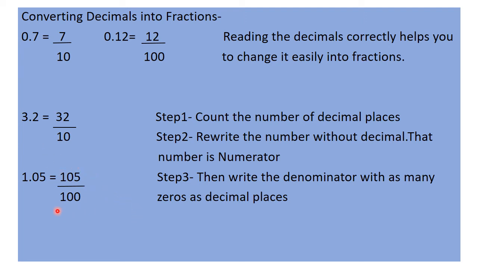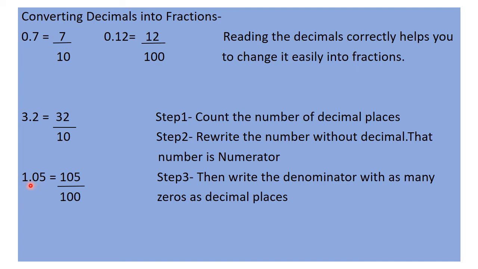Now the last step is that you have to write the denominator with as many zeros as the decimal places there are in the decimal number. Since we have 2 decimal places, I have put 2 zeros in the denominator. So the fraction which I have got is 105 by 100, and it can be read as 1 and 5 hundredths.